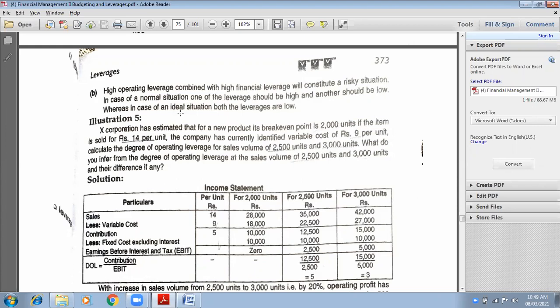Last point, third: When both the leverages are low, when both DOL and DFL are low, it constitutes an ideal situation. Done. So what constitutes risky, normal and ideal? Did you understand?